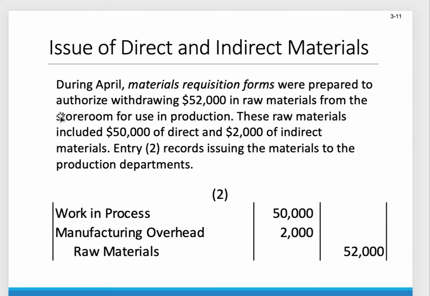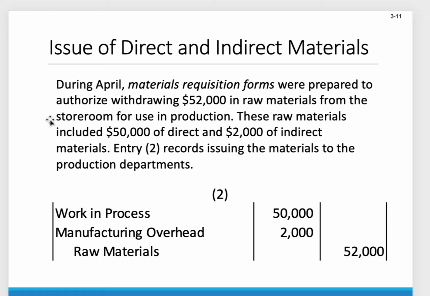Now during April, we had a materials requisition form. It was prepared to authorize a withdrawal of 52,000 in raw materials from the storeroom for use in production. The raw materials include 50,000 of direct and 2,000 of indirect materials.